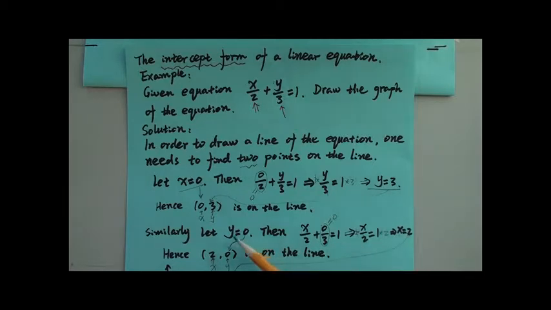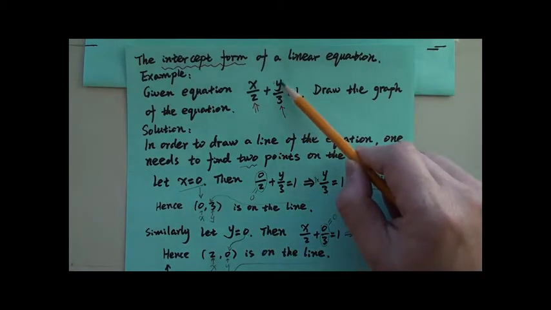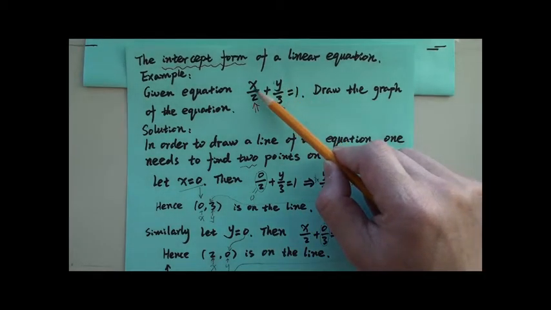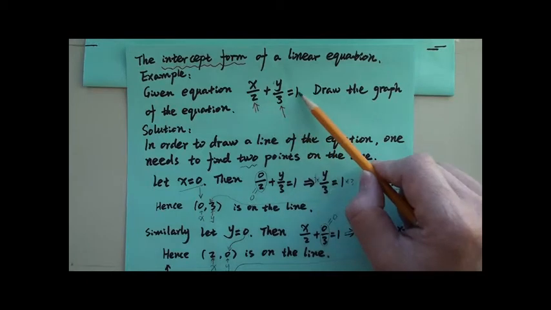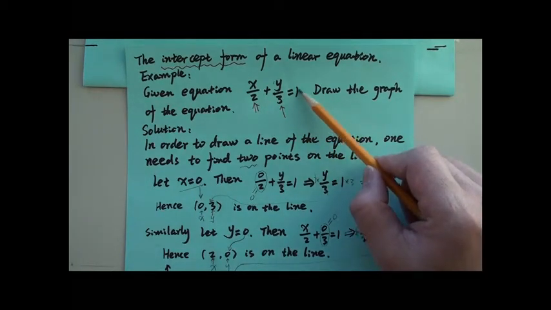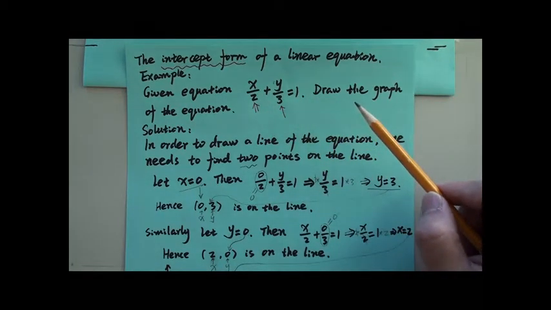So when y is 0, the value for x is just the denominator, because the right hand side is so nice, it is 1.